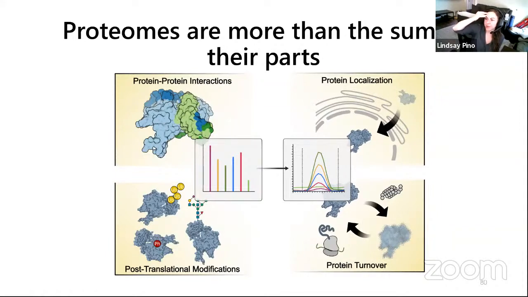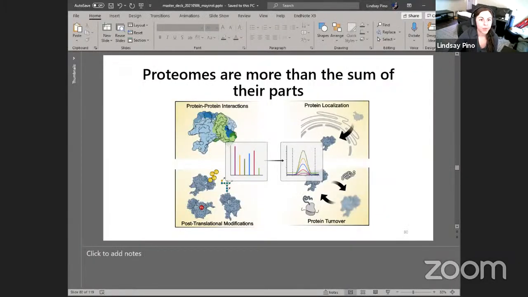A question about the optimal number of gas phase fractions. We did 6. If you go back and listen to Brian's lecture, I think he did a little bit more elaboration on this. 6 was just chosen because we like to do a range of 400 to 1,000 m/z.